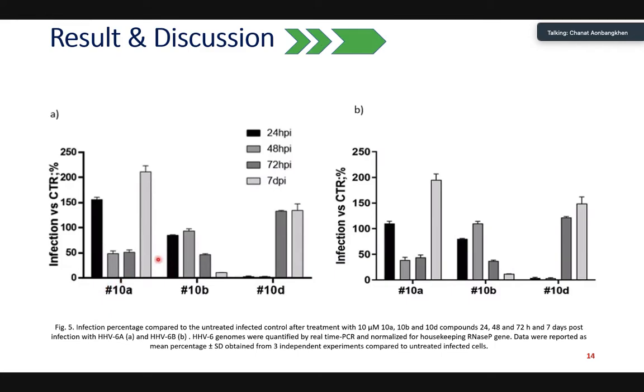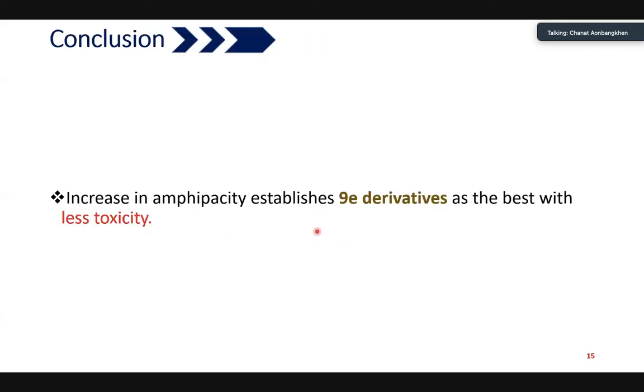So basically, the hydrophilic head for all the compounds show reinfection. Now we can conclude that there is an increase in the amphipathicity of 9E derivatives because it has less toxicity and it is the most active.